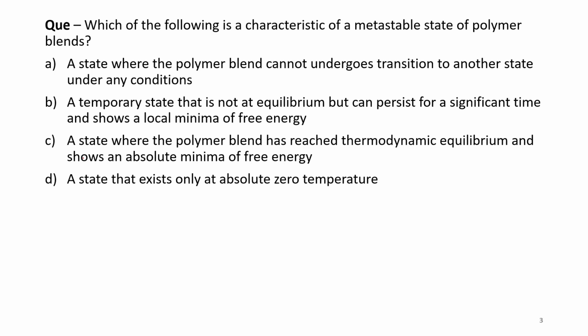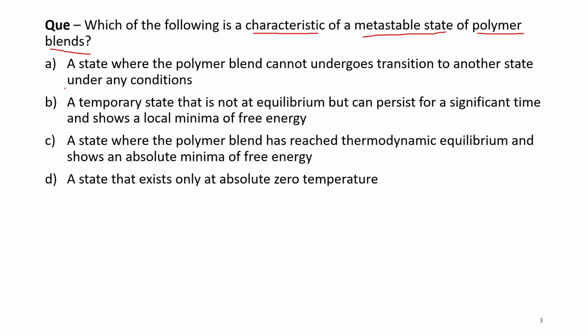Option C, a state where the polymer blend has reached thermodynamic equilibrium and shows an absolute minima of free energy. Option D, a state that exists only at absolute zero temperature. So it is asking which is a characteristic of the metastable state of the polymer blend.